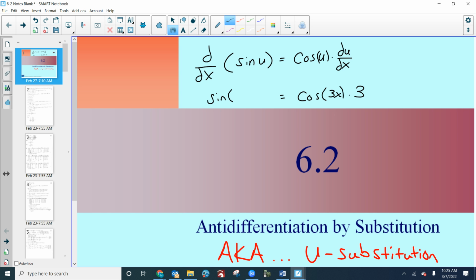Sine of 3x plus c. Now, do you agree this came from that because of the reverse chain rule? Yes?